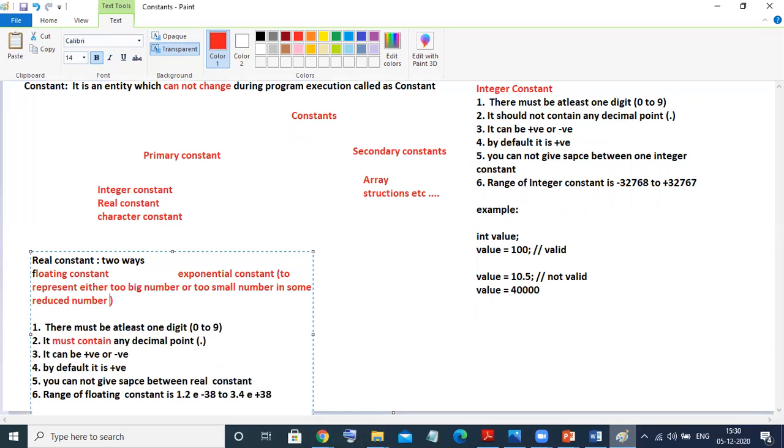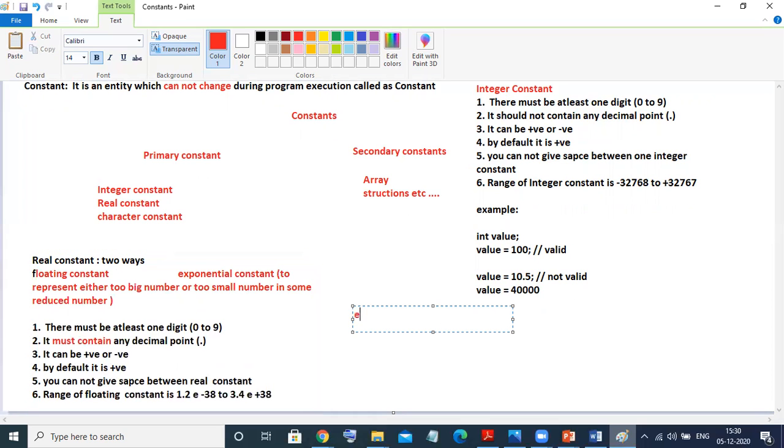So whenever I'm talking about exponential numbers, they are separated by using a small e or capital E. For example, 1.2 e to the power 10, or here also you can write 3.4 e to the power 69, anything else.